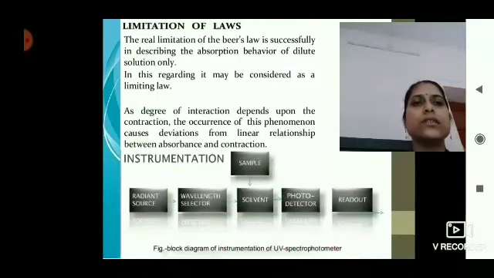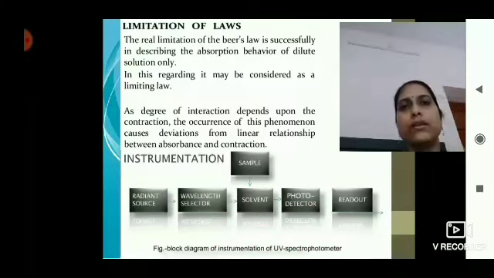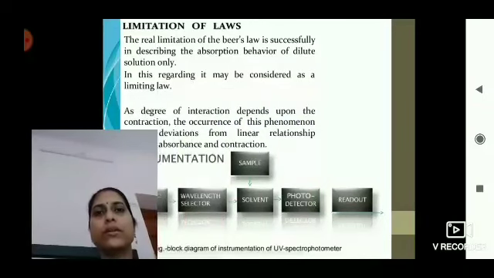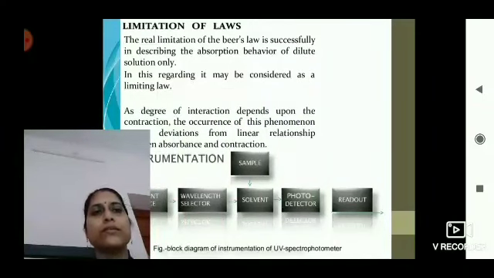So this is the instrumentation, how the UV visible spectrum is taken.